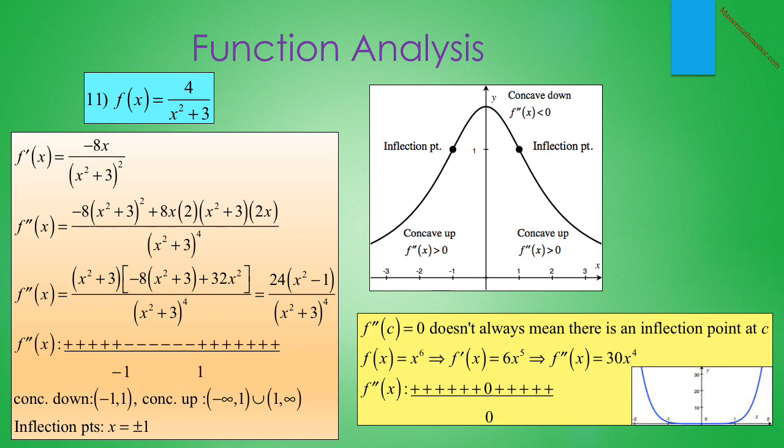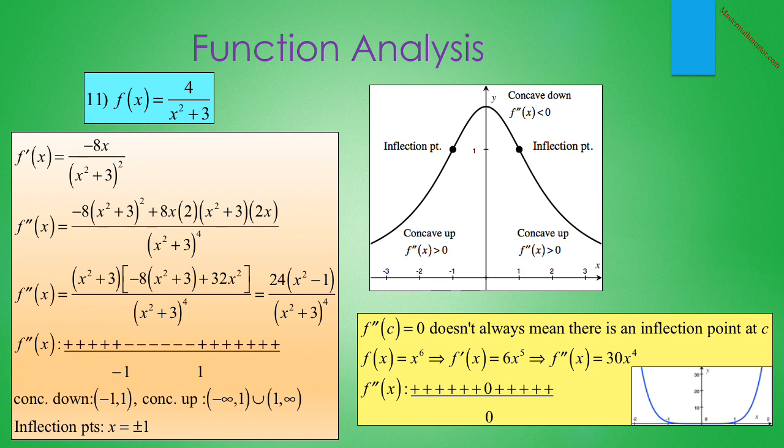Students sometimes mistakenly think that they don't have to make a sign chart for f double prime of x. Just finding where f double prime of x equals 0 is sufficient. That is not true. If f double prime of c equals 0, that does not necessarily mean there is an inflection point at c.